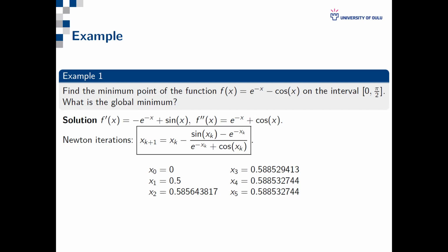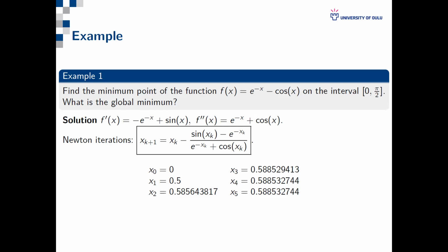Okay, maybe it's better to look at the derivative. If you compute the derivative, it is minus e to the power minus x plus sine x. If we put x equal to 0, the derivative is negative. And if you put x equal to pi over 2, sine is 1, but minus e to the power minus pi over 2 is less than 1, so the derivative is positive.